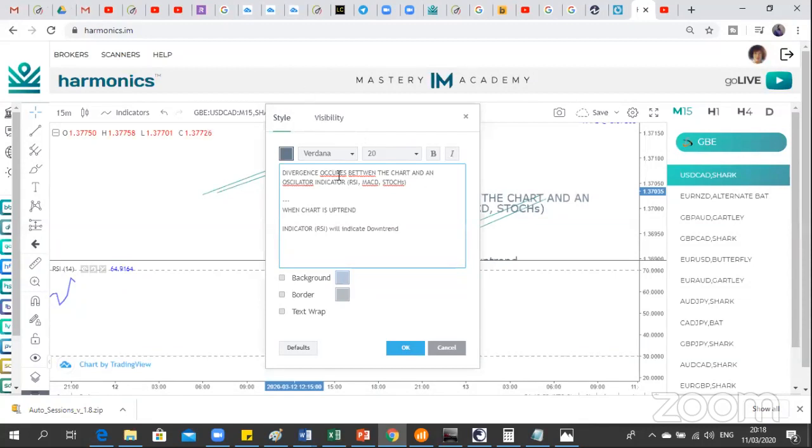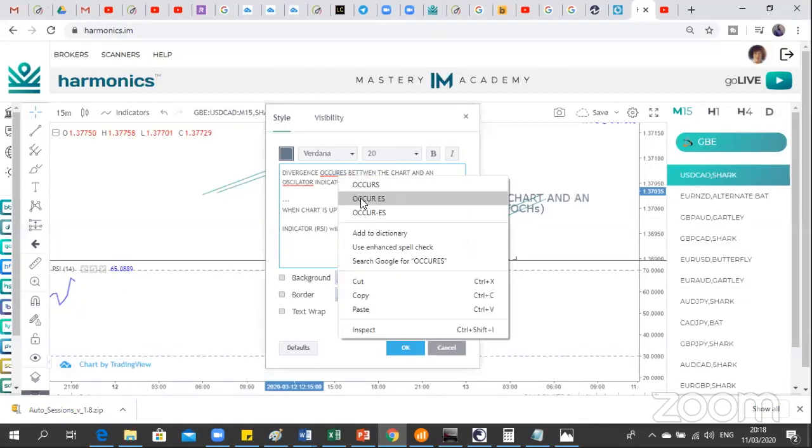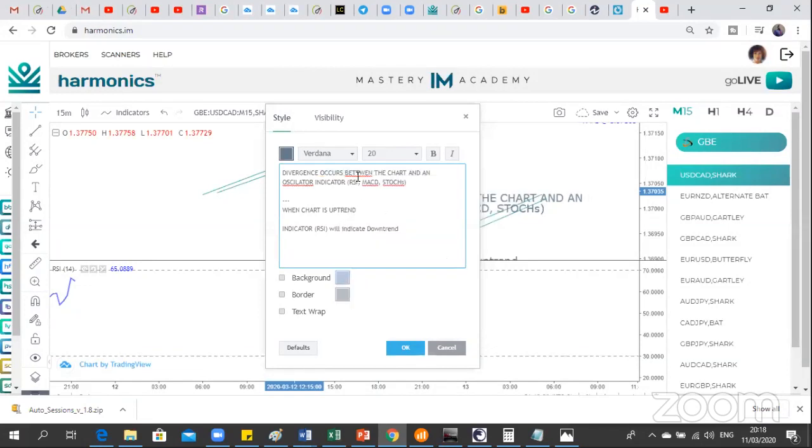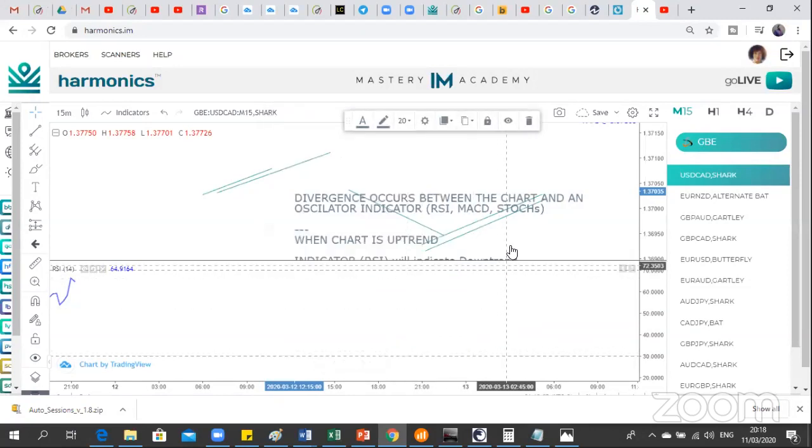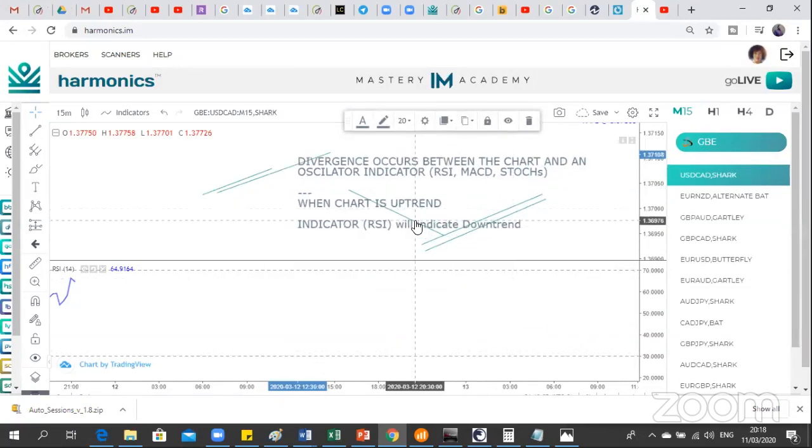It's as simple as that. So when the chart is going up, the indicator will give us a sell.